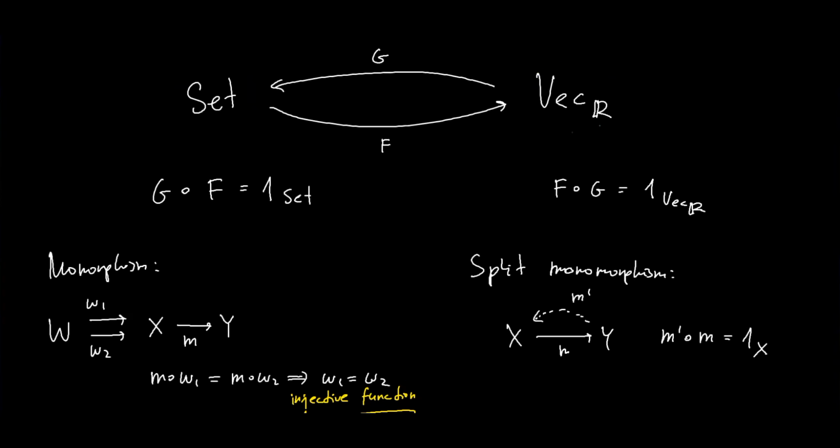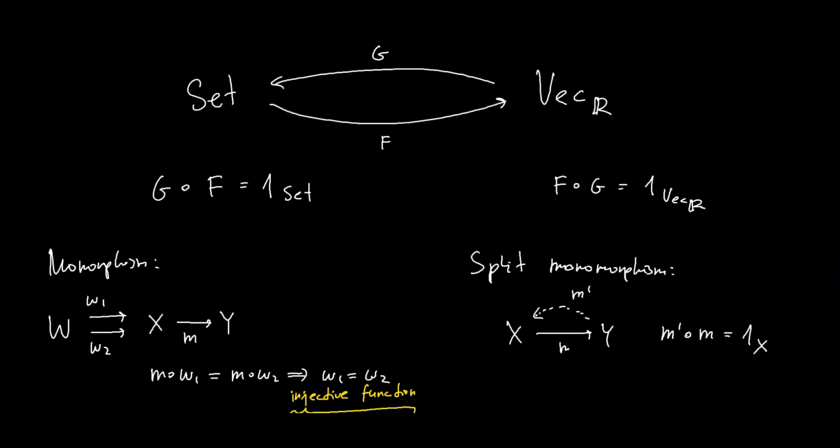All split monomorphisms will map to split monomorphisms. Moreover, if something maps to a monomorphism, then that thing on this side must be a monomorphism. And so the property of being a monomorphism and split monomorphism is both preserved and reflected by the functors. Which means that if on this side, monomorphisms are not quite the same as split monomorphisms, they can't be the same on that side either. But on that side, they are. And so an isomorphism between these two categories does not exist.